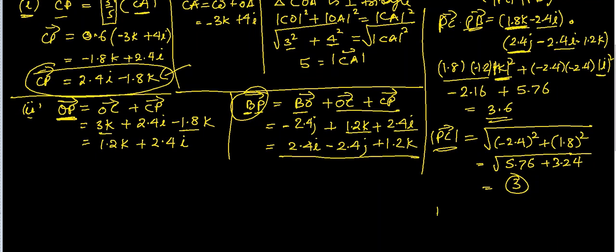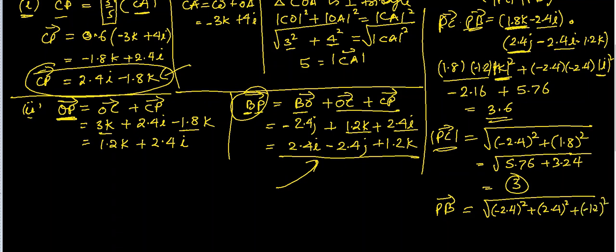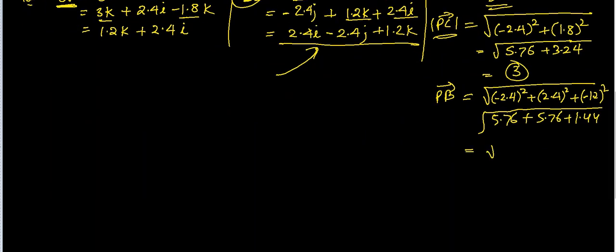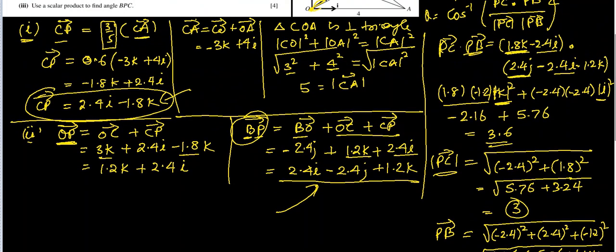The magnitude of PB, square root of the negative of these ones: minus 2.4 squared plus 2.4 squared plus minus 1.2 squared, 5.76 plus 5.76 plus 1.44, which is 12.96, square root, and that comes out to be 3.6.